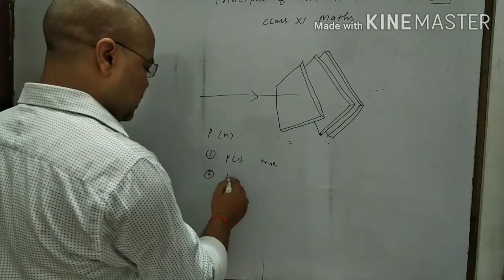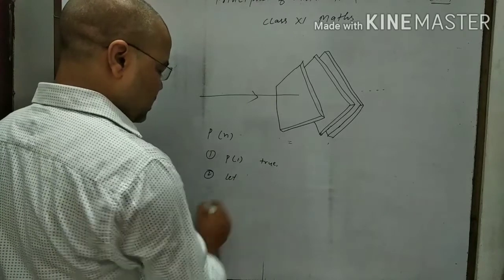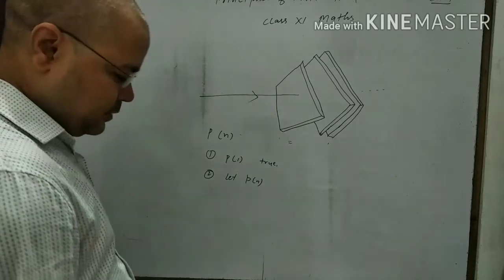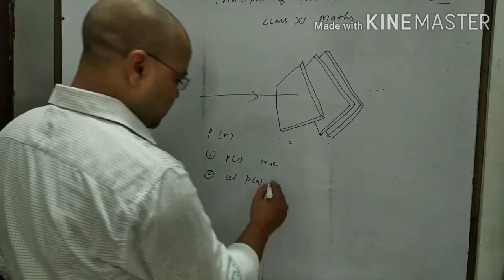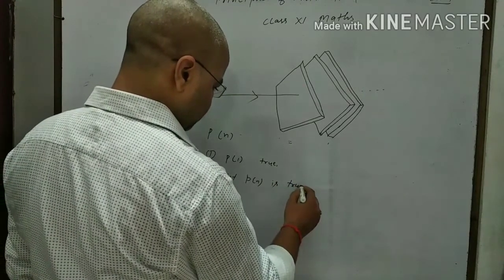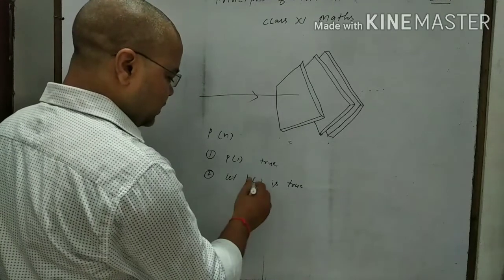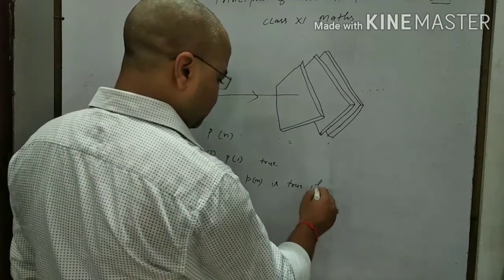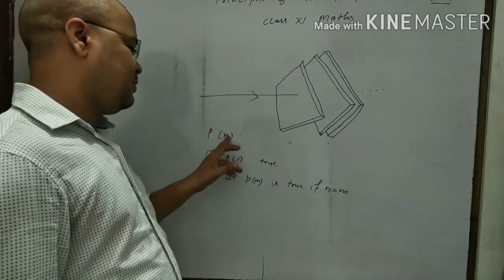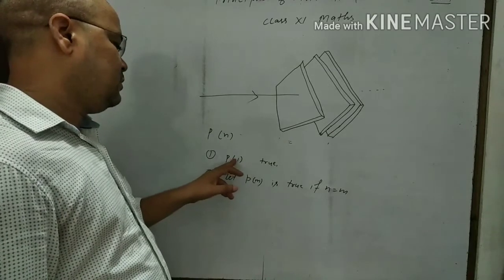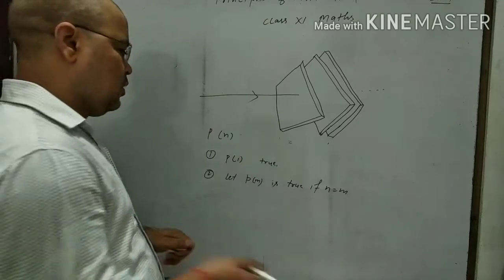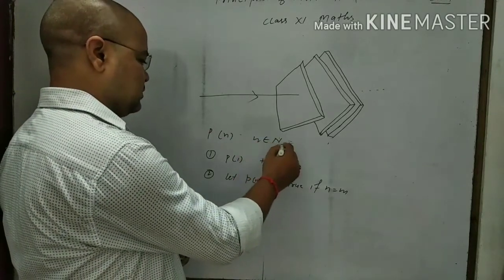The second condition: let the statement Pn be true. Any statement will be true if the statement is true for n equal to 1 also, where n belongs to the natural numbers.